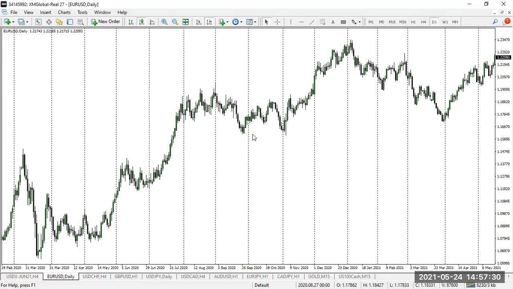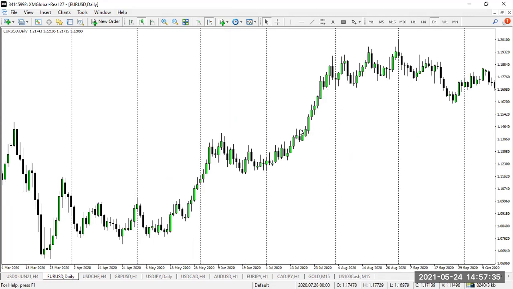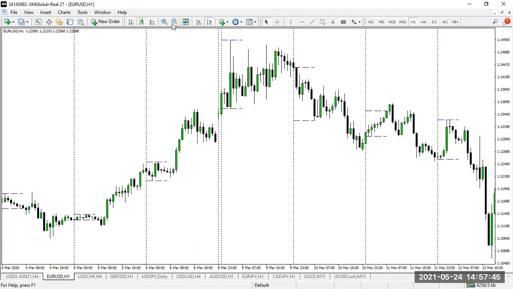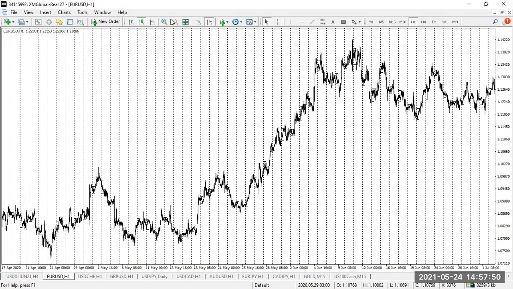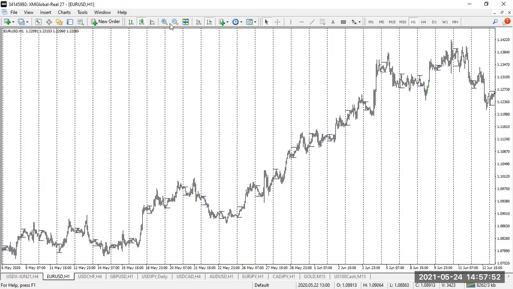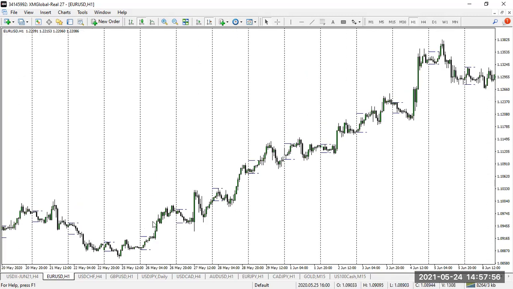Well, let me choose this one here, this uptrend here. So again, if you know that daily is bullish, it's going up, like what's happening here, you're going to go to the 1 hour.